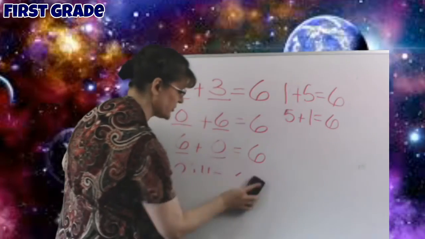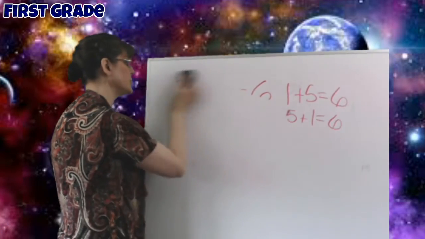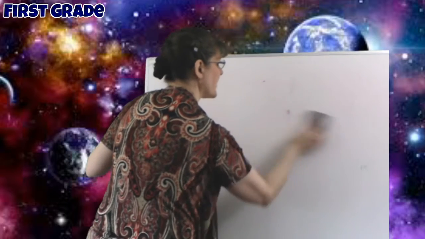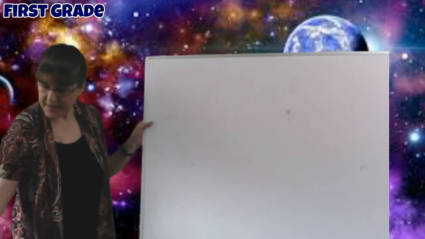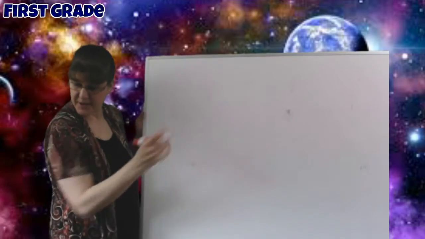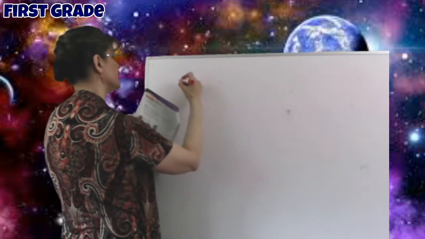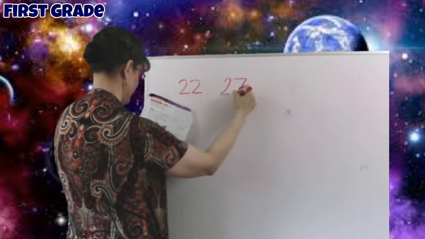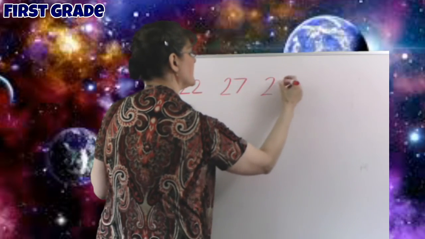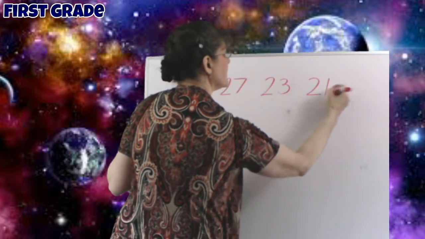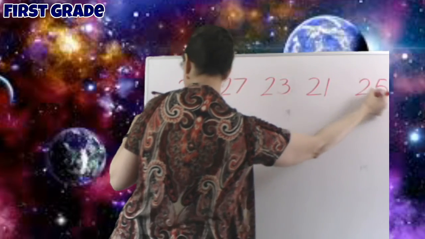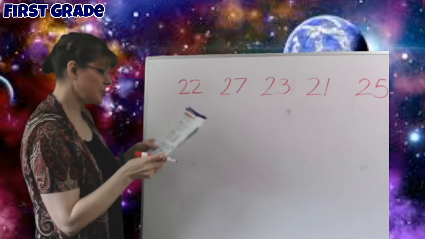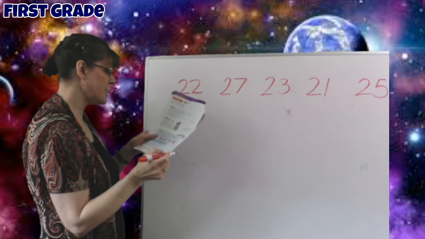Our last question goes back to our number cards and our clues that we have to follow to find out the correct answer. It says Lainey has these number cards. She has a 22, 27, 23, 21, and 25. And it says write each number in the box to show less than 24 and greater than 24.